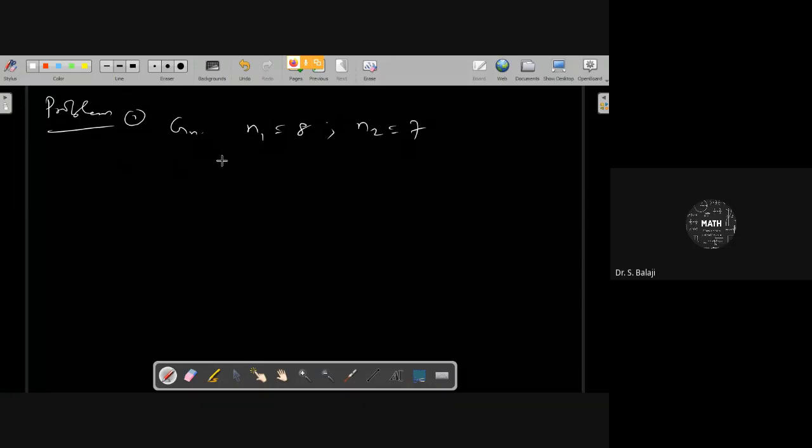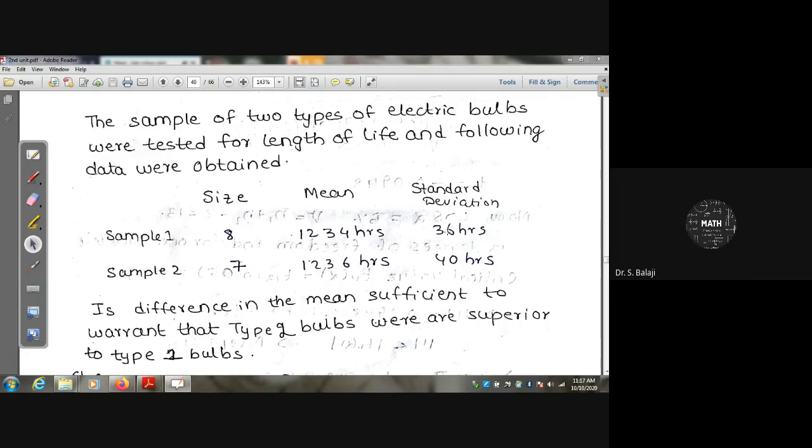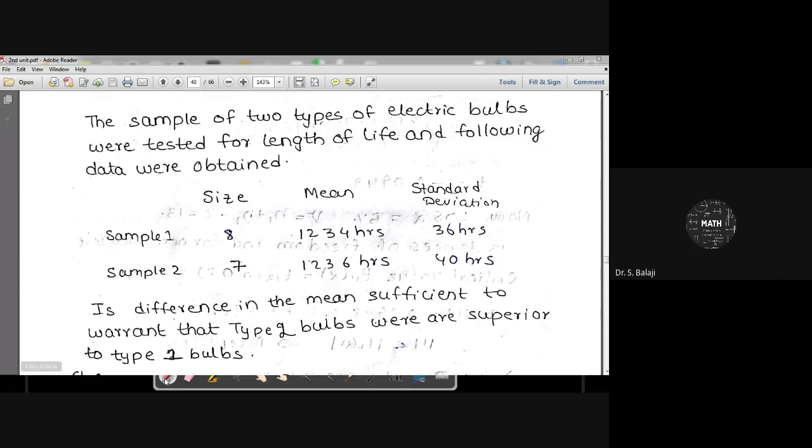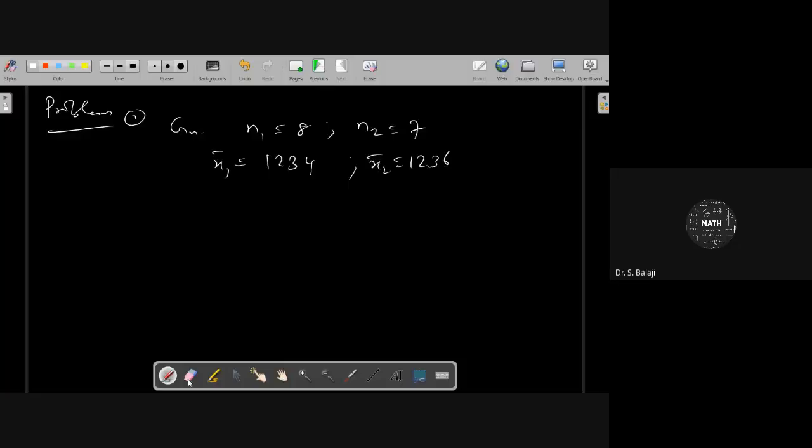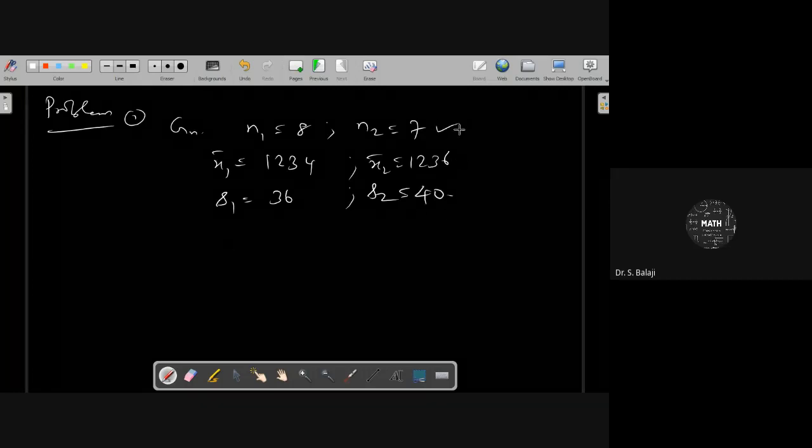X1 bar is 1234 hours, X2 bar equal to 1236 hours. S1 is 36 and S2 is 40. Since the standard deviation is given, directly write S1, not S1 square, and S2 is 40.